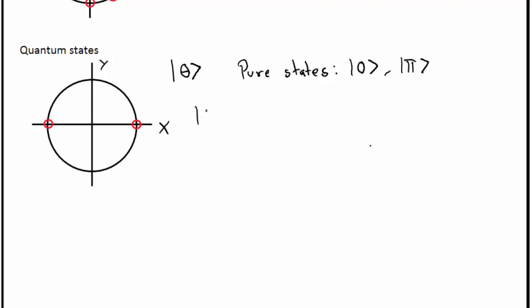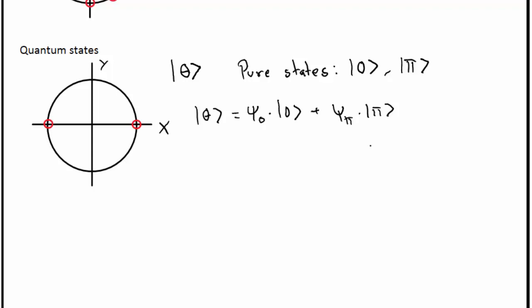That means that we can write theta as a linear combination of 0 and pi. We use the coefficients phi 0 times 0 plus phi pi times pi. Here phi 0 and phi pi are arbitrary complex numbers, with the exception that both cannot be 0.